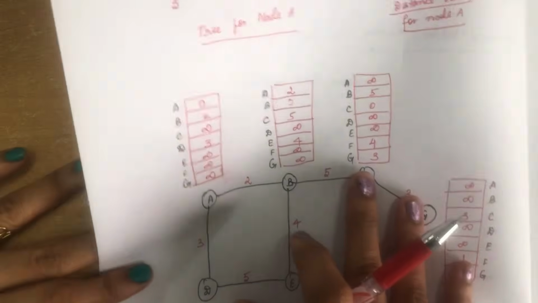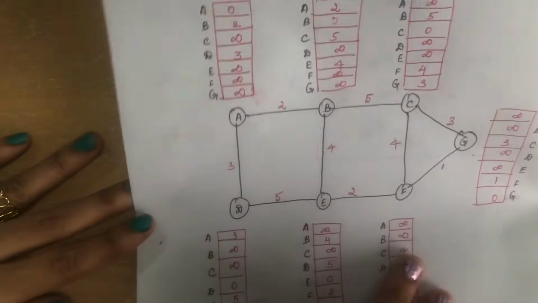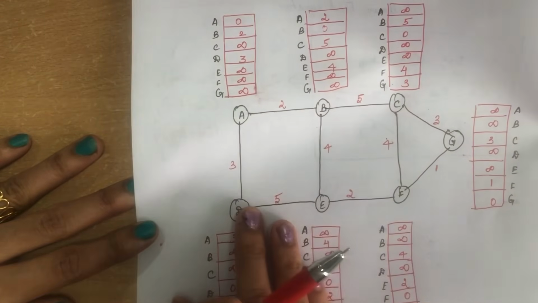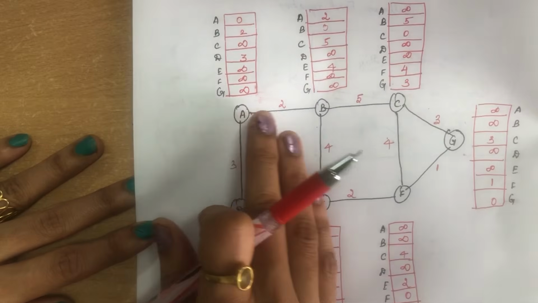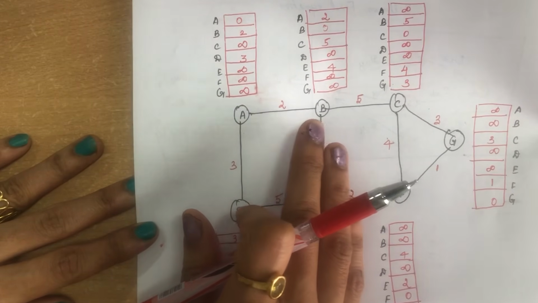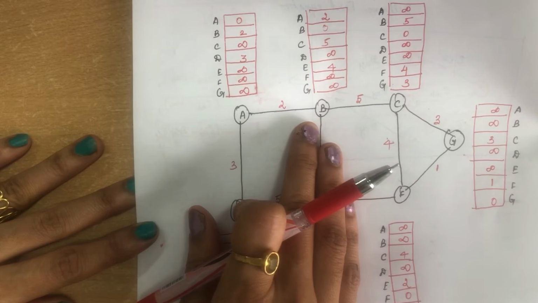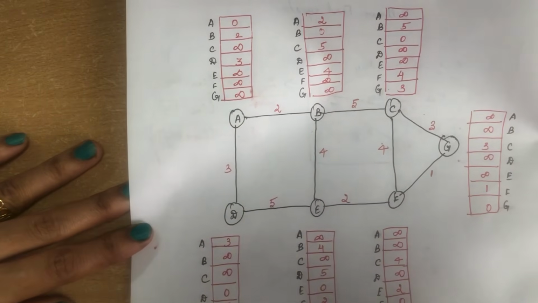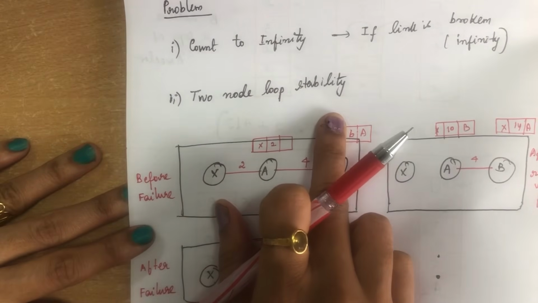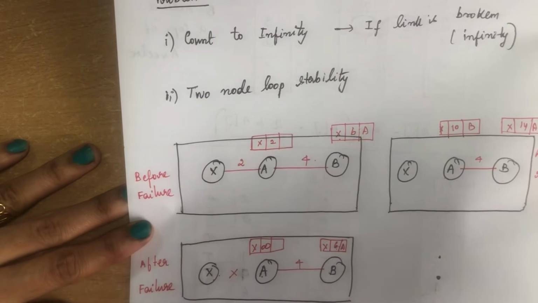Given any internet, you need to find the initial vectors, after which all the distance vectors are transmitted to the nearest neighbors, and each neighbor updates its distance vector using the Bellman-Ford algorithm. We have also seen the problems faced in distance vector routing: count to infinity and the two node loop problem, with the help of this diagram. Okay, thank you.